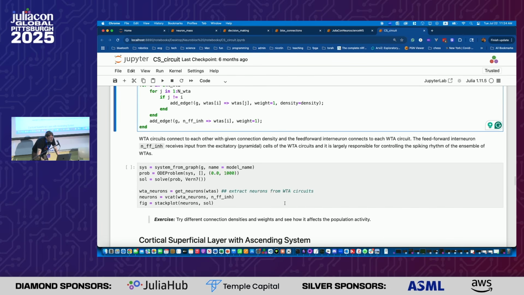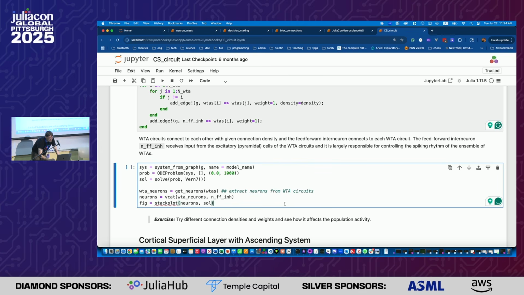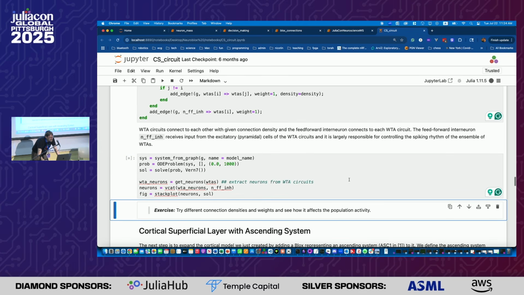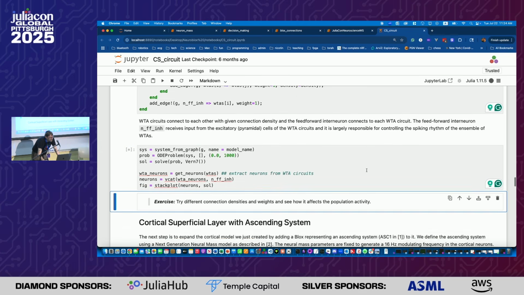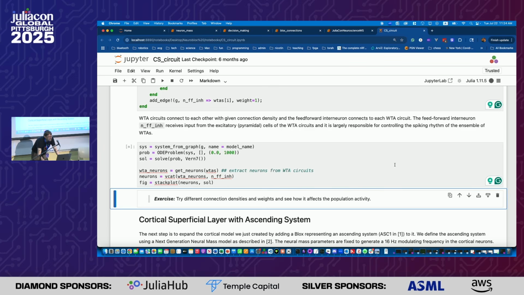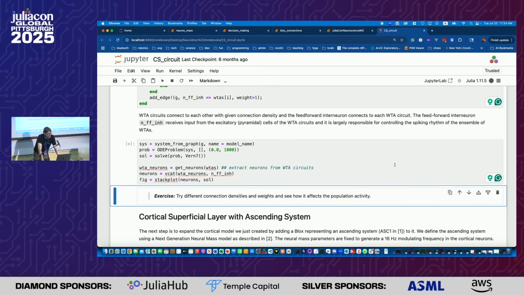And then all we have to do is simulate and create a stack plot. By the way, in this case, 10 times 5 is 50 neurons, and I think we cut off the stack plot at like 25, but you'll see.